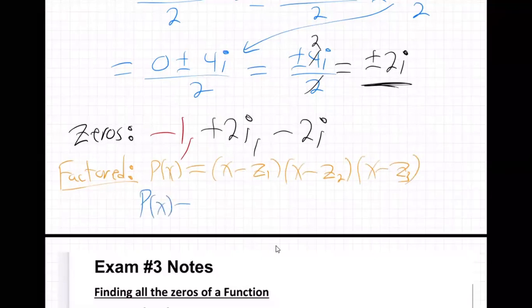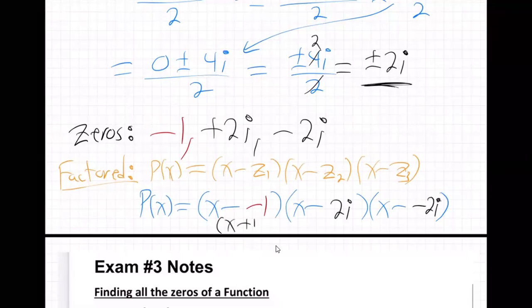P of x equals x minus, x minus, x minus, and 0,1 is -1, 0,2 is plus 2i, 0,3 is minus 2i. If it bugs you, you can make this x plus 1, x minus 2i, and x plus 2i, right? Because the double negative is positive and the double negative is positive.